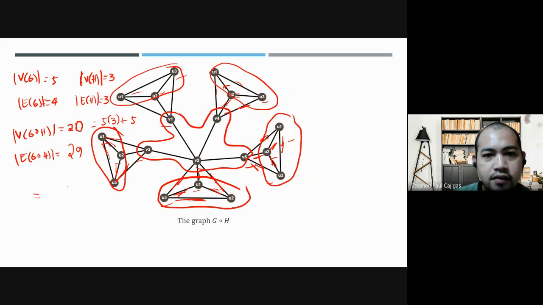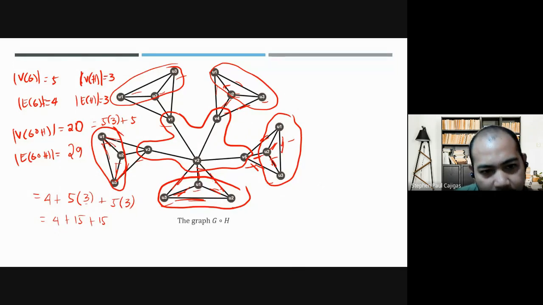Next, the original was 4 plus its vertices, that's 5, times the vertices of our original, that's 3, plus 5 again times the edges, and its vertices also 3. So this is 4 plus 15 plus 15 plus the remainder. This is 34, not just 29.